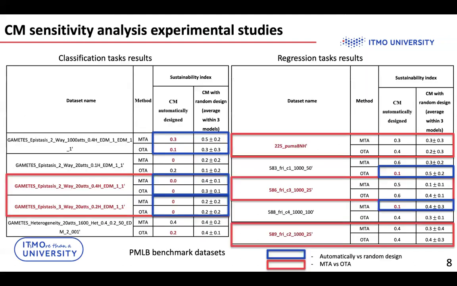As a result, the experiments for classification and regression tasks were conducted using benchmark datasets. The results represent the comparison of sustainability indices of the automatic and random composite model design.